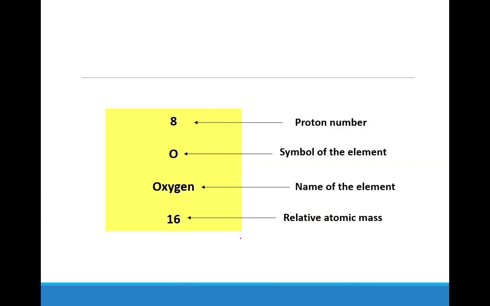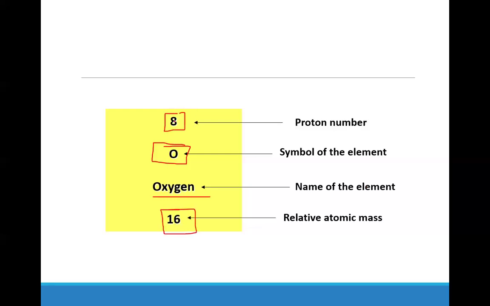This is how the elements are represented in the periodic table. The elements are represented by their chemical symbols. As an example, the chemical symbol of oxygen is O. We also see two numbers.